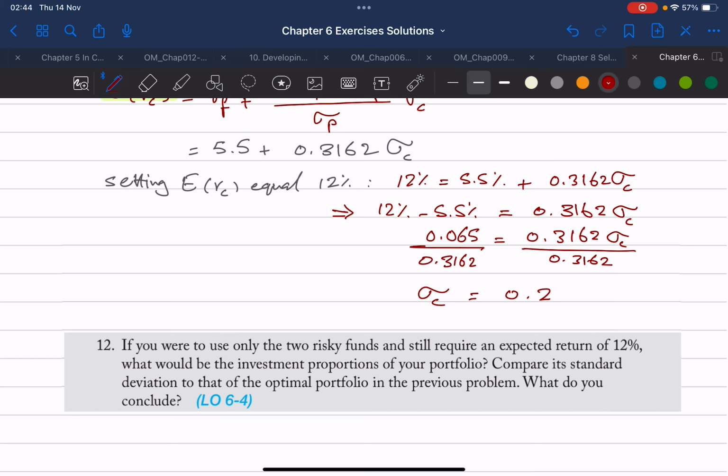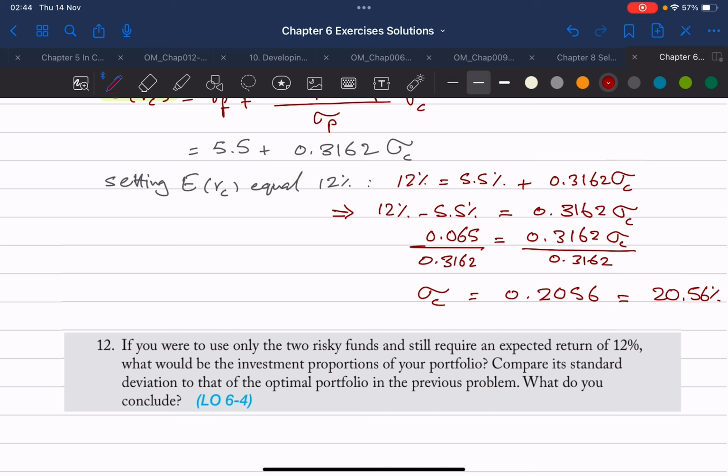It's actually 0.2056, which is equal to 20.56%. And that would be the expected standard deviation of the complete portfolio, 20.56%. That is the answer to question 11.